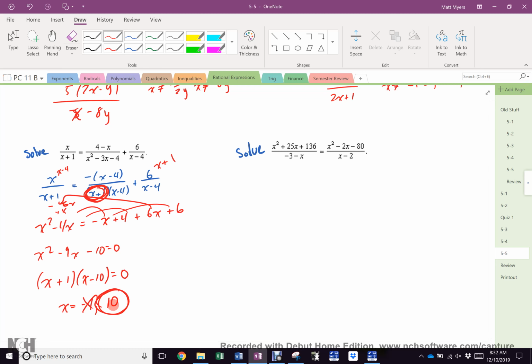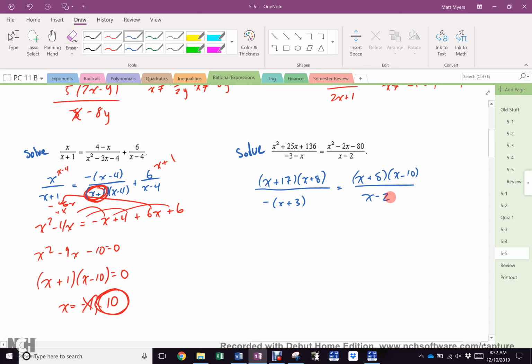No? Okay. What do you think you should do to start here? Factor. Okay. So that's x plus 17, x plus 8 over negative x plus 3 equals x plus 8, x minus 10 over x minus 2.